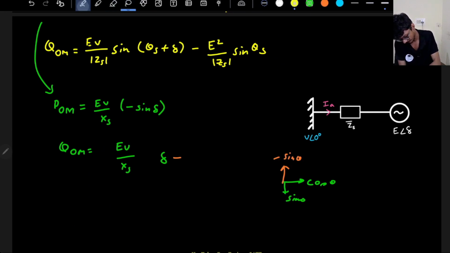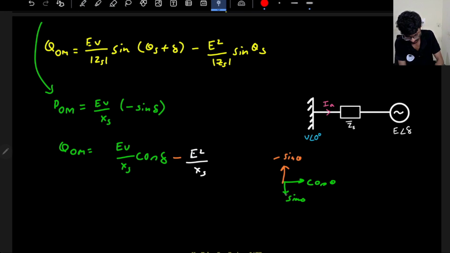This will be cos delta. And this will be minus E square by Zs, so basically by Xs. Basically sine 90 plus theta, if I am adding 90, it is simply cos theta. That's why sine 90 plus theta will be cos delta only. This will be E square by X square because sine 90 is 1.